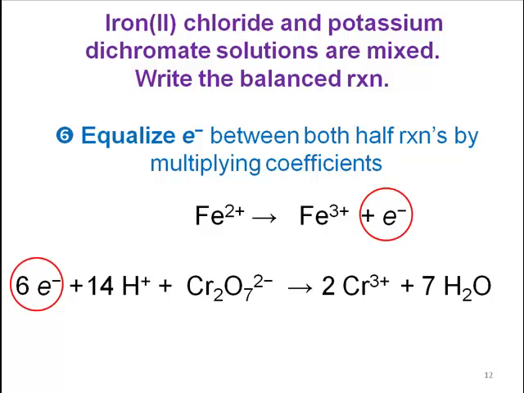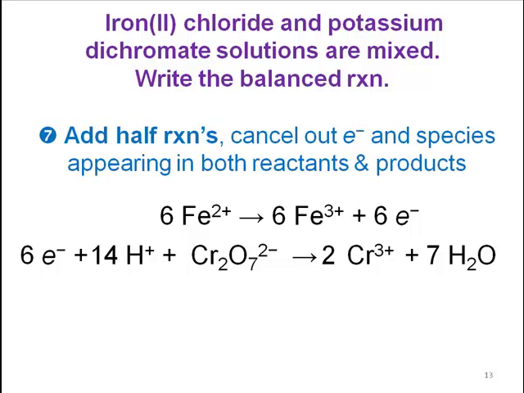So equalize the electrons by multiplying the coefficients. So you multiply the whole equation by 6, the top one, and now the electrons are equalized. Some people would even call this just balanced, but equalized is another step, so you don't mix up these two steps here. Now the last step, I'm sorry, not the last step, step number 7, is to add the half reactions.